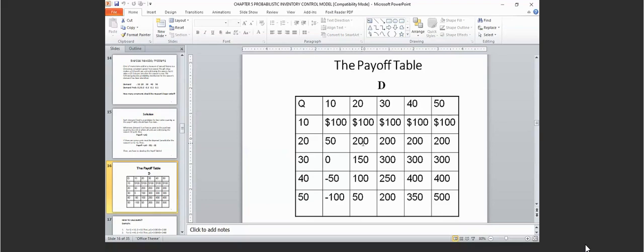So we are able to sell all the ornaments here. 20 multiplied with 10 ringgit, we have 200. And also for the rest of the demand with 30, 40 and 50, we have the expected profit of 200 ringgit.